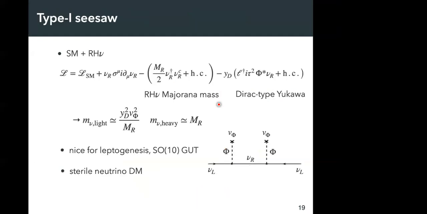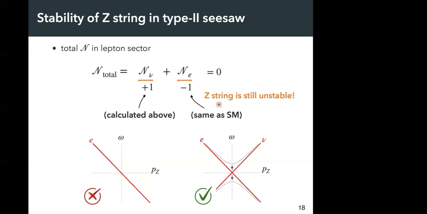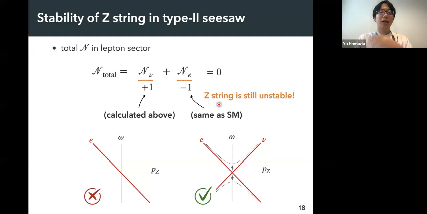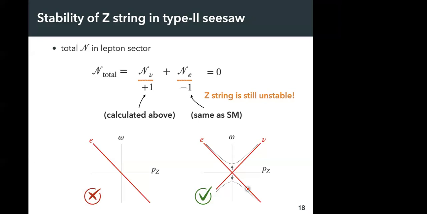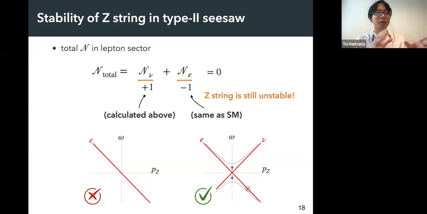Sorry, is this electron left-handed or right-handed? That's a good point. So the left-handed electron and the right-handed electron, sorry, let's say this one zero-mode fermion comes from both the left-handed and right-handed electron. This is kind of tricky.